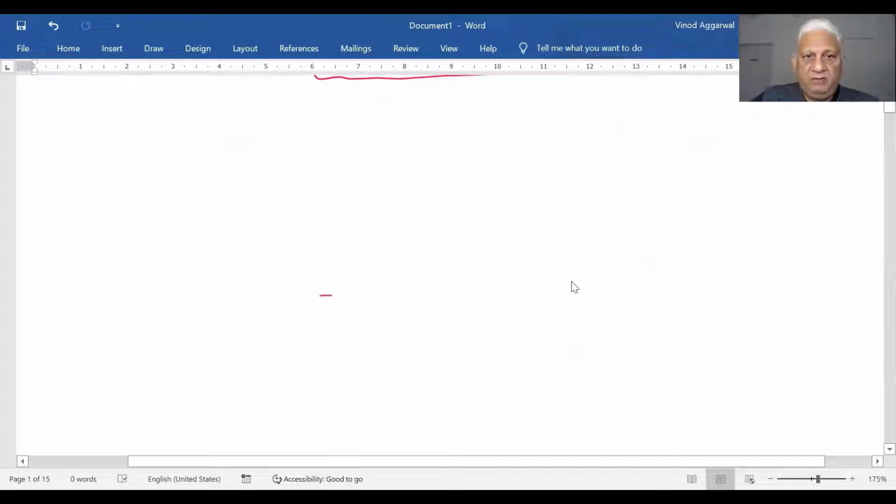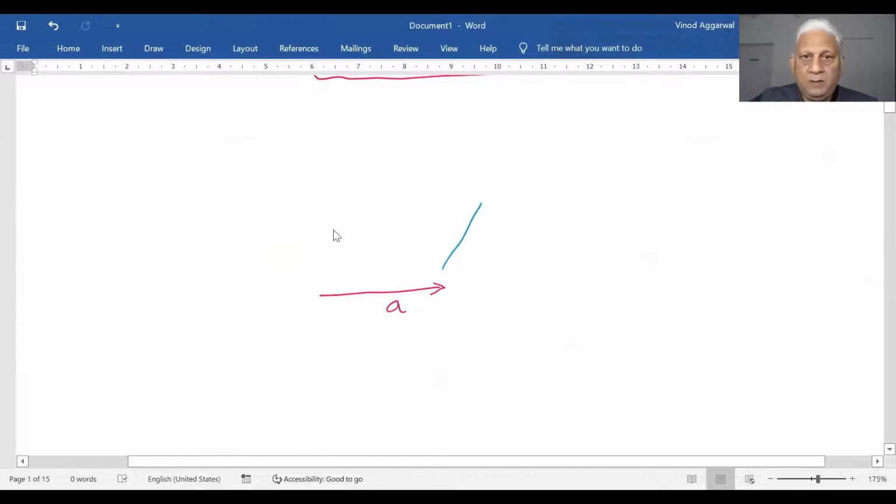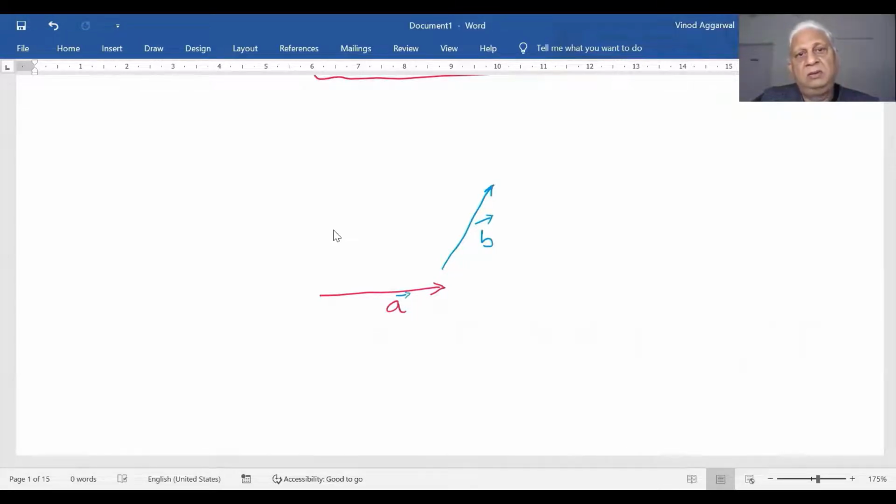Let's see, we have a component A here. Then we have a component B in this direction. How can we add them geometrically?